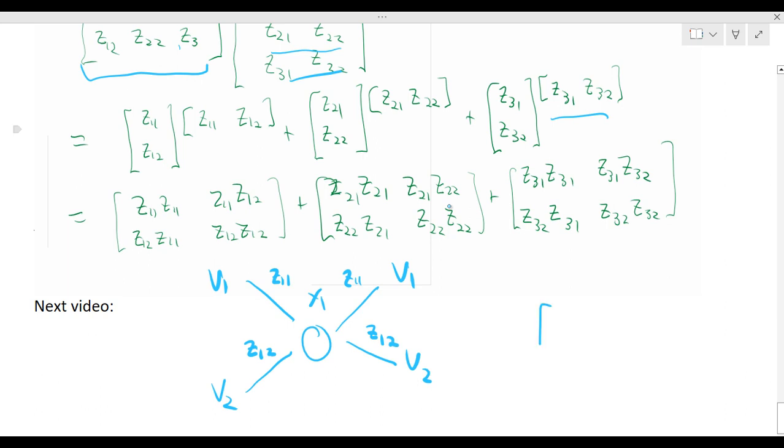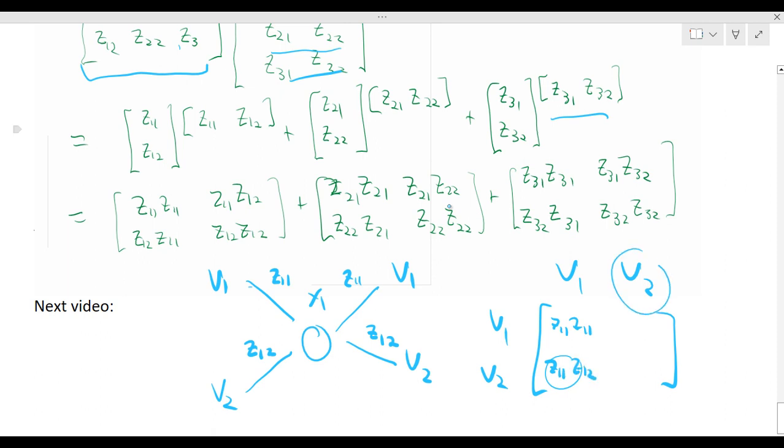So if I relate my inputs to my outputs, V1, V2 here, V1, V2 here. Okay. The connection V1 to V1 is Z11, Z11. The connection from V1 to V2 is, so this is the input, this is the output. So let's be careful here. That would be Z11, Z12.